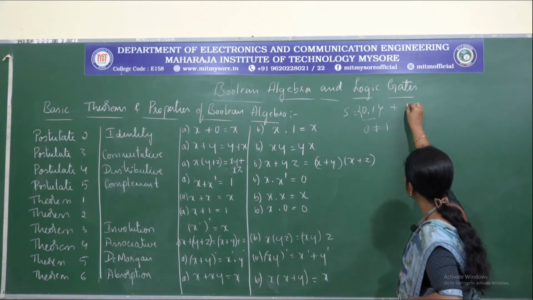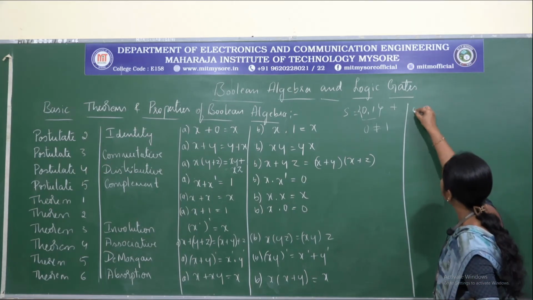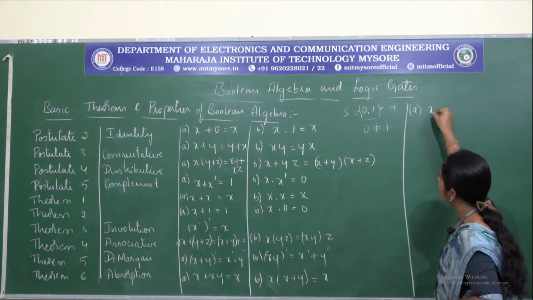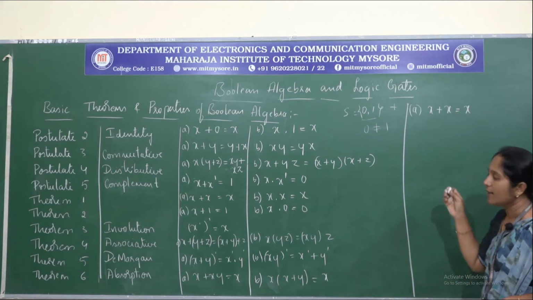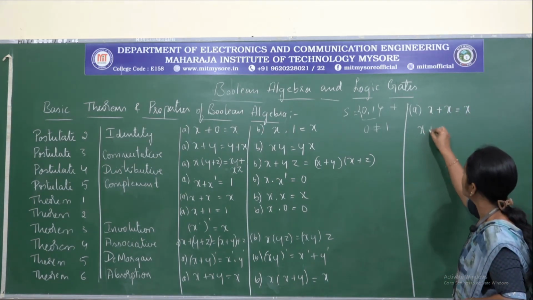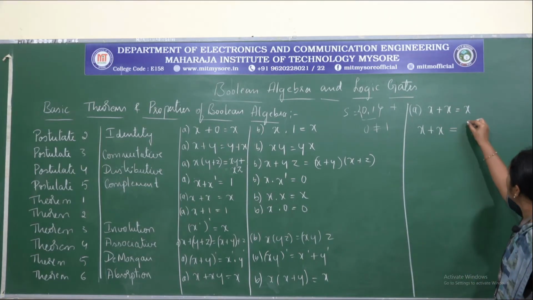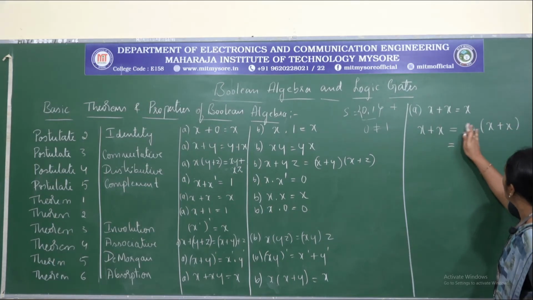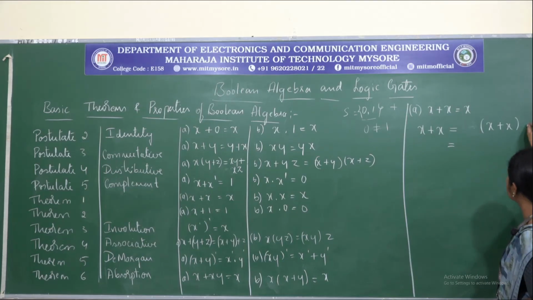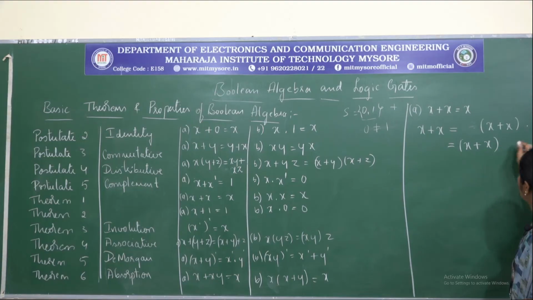If I consider theorem 1a, we have x + x = x. Let us consider the LHS, which is x + x. Now let me write this as (x + x) · 1.